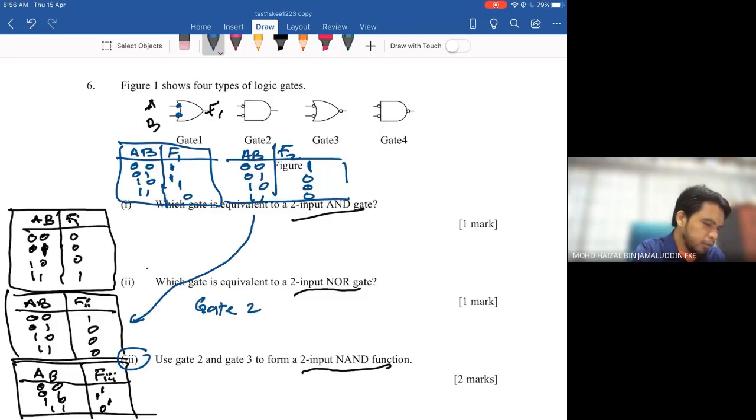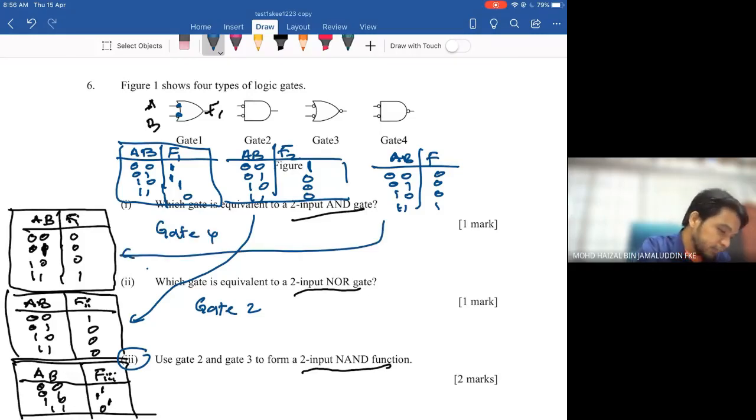And now about gate 3. So A, B, F. So you need to do each of these in the form of a truth table. So A, B, F. So it is 0, 0, 0, 1. So this one is equivalent to gate 4.